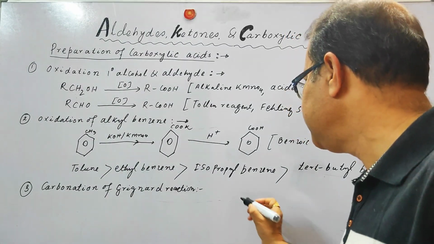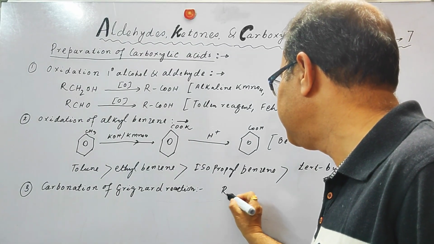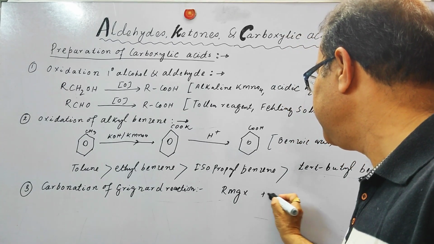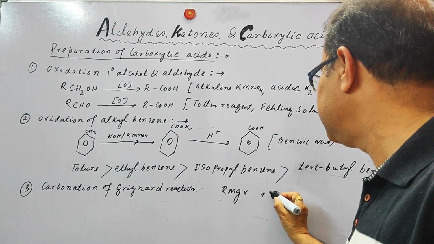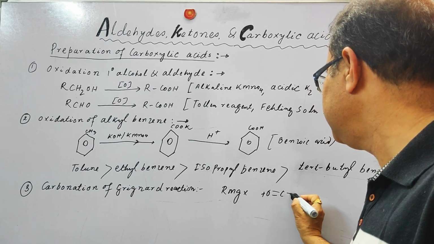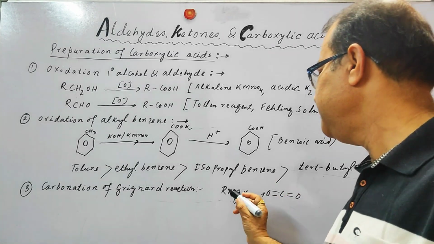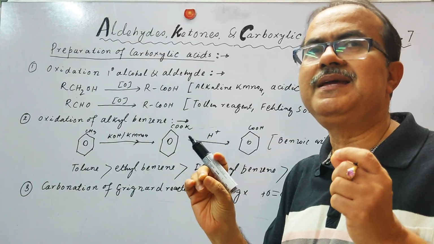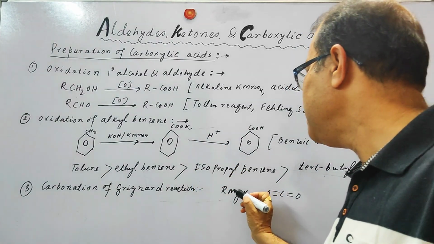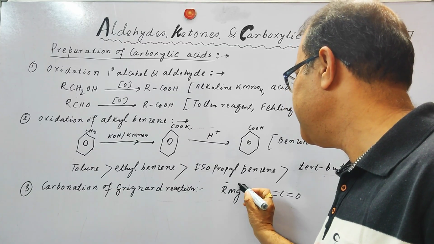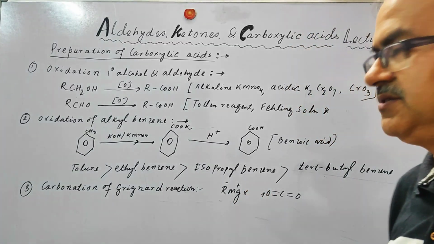The reaction is this. This is the Grignard reagent, and here this is carbon dioxide. We know Grignard reagent basically has two poles created. One pole is minus, and here magnesium has a plus charge.